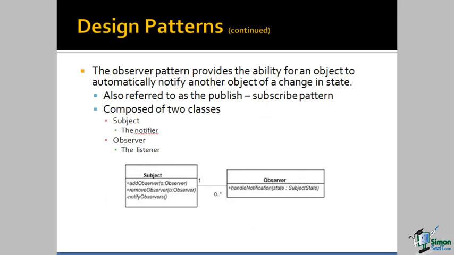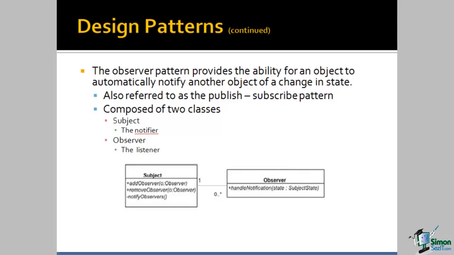The observer pattern, also known as the publish-subscribe pattern, allows a single object to notify multiple other objects of some change in state. The subject object in this pattern has two public methods, add observer and remove observer.